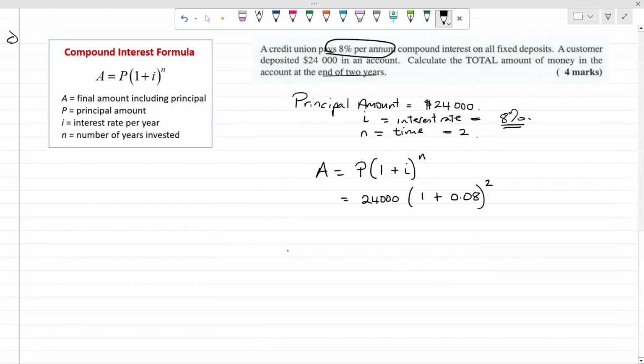If you don't want to use a decimal, then you put it as a fraction, 8 over 100. Inside of this bracket here, this will simplify to 1.08 squared.